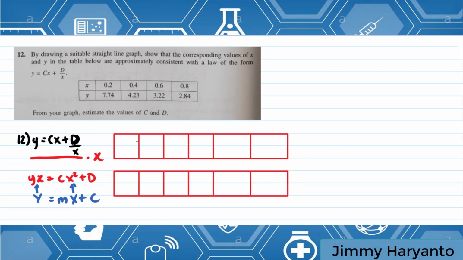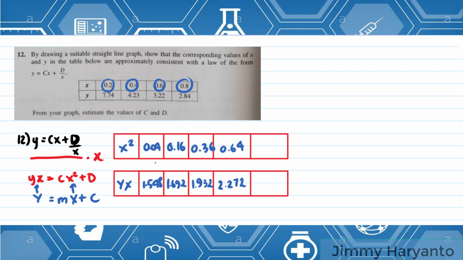The top one is for x squared and the bottom one is for yx. To find x squared, you have to square this one. This is the table for x squared and yx. To find yx, you only have to multiply x and y.